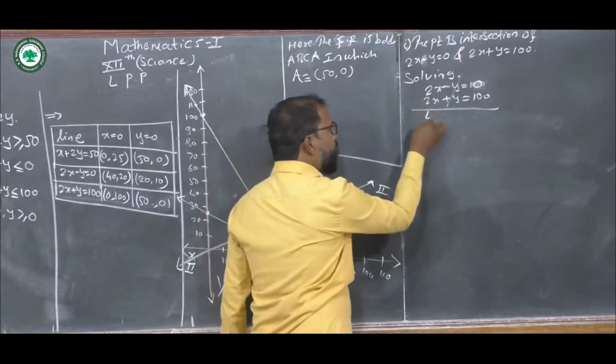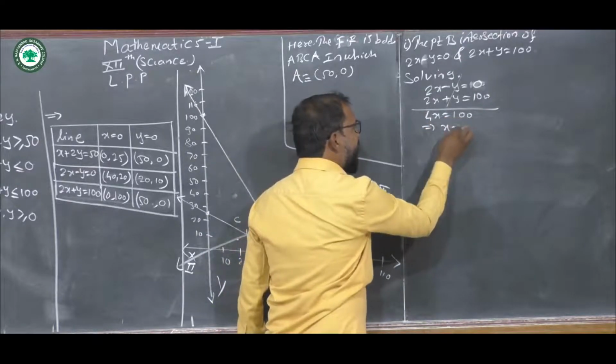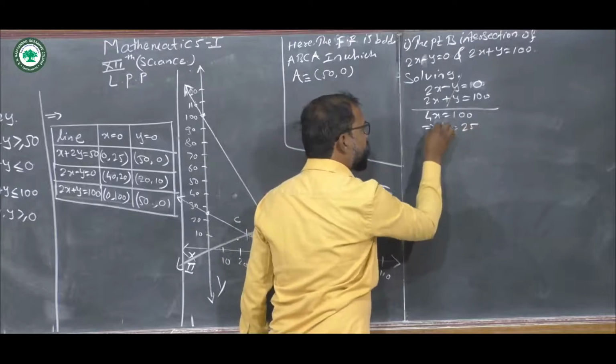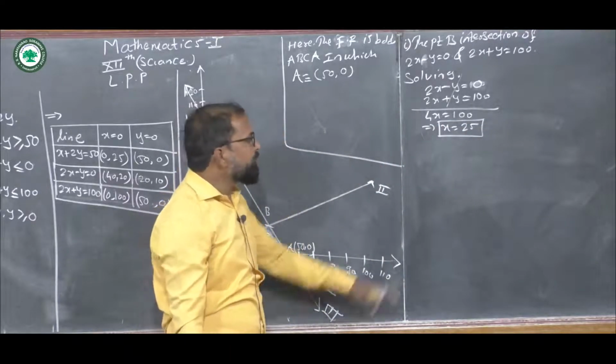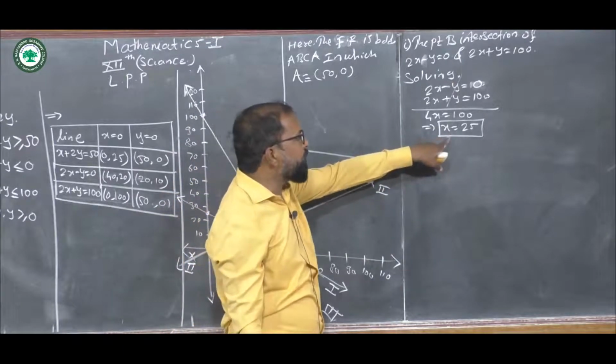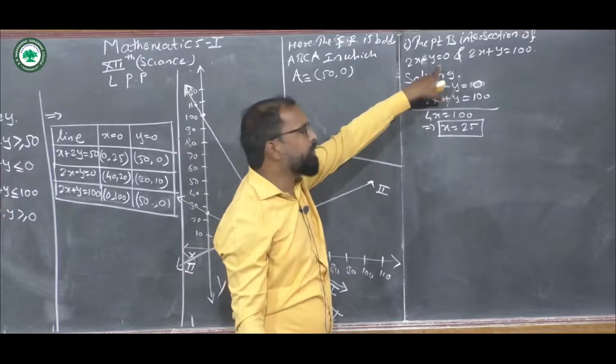So we get 4x equals to 100, which gives x equals to 25. Putting this value x equals to 25 in any one of these two equations, we get the value of y.